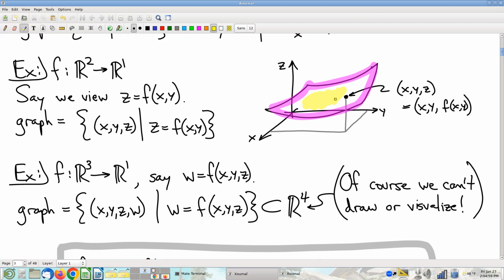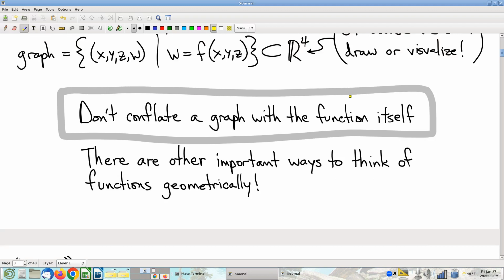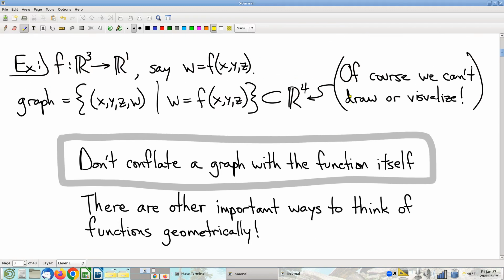So my point here is graphs are very limited in their utility, even in the second most basic of multivariable functions, where it's out of the question.